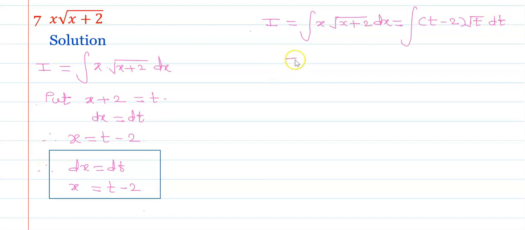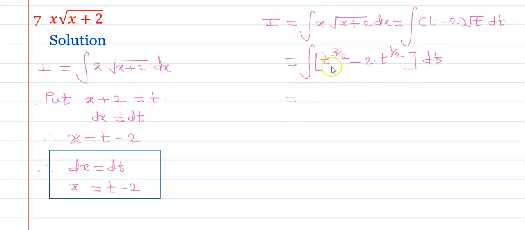And this equals the integral of root t into t, that is t raised to 3 by 2, minus 2 into root t, here t raised to 1 upon 2. This bracket is completed, into dt.